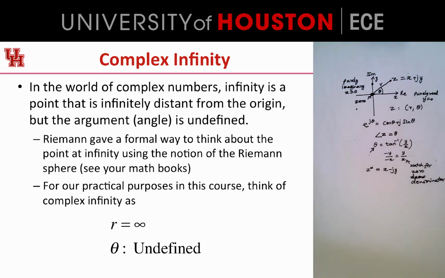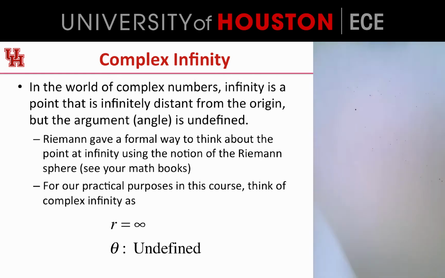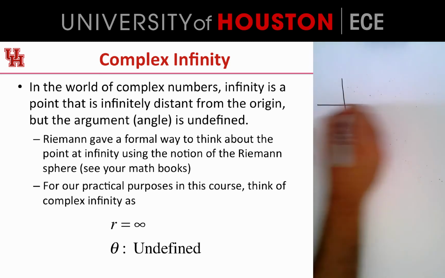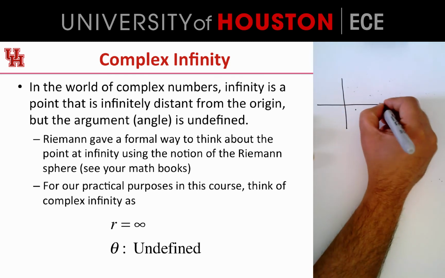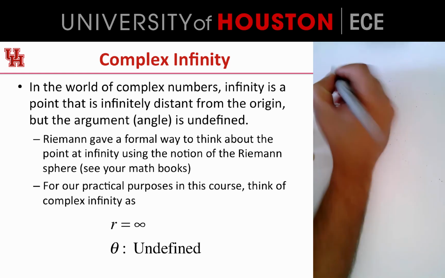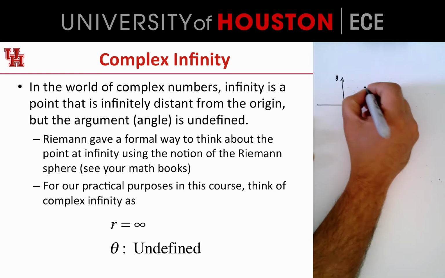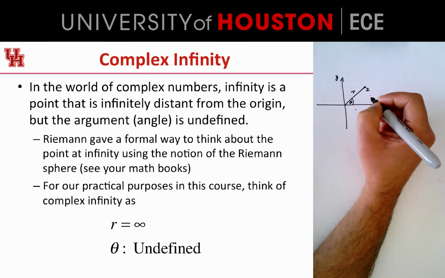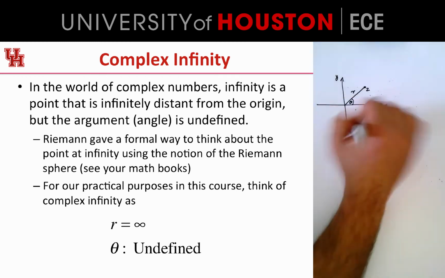Now, as we have spoken about the concept of a 0, we need to look at the other extreme and touch upon this notion of a complex infinity. So if you have the complex plane like this, this is the real axis and this is the imaginary axis, and there's point z, and here is the radius to that, and here is the theta, then people wanted to know, what does infinity mean in a two-dimensional space?